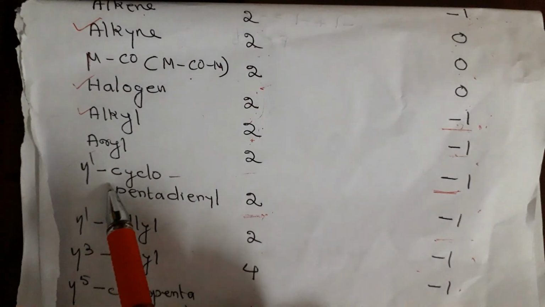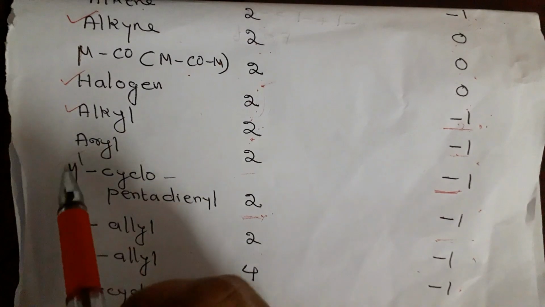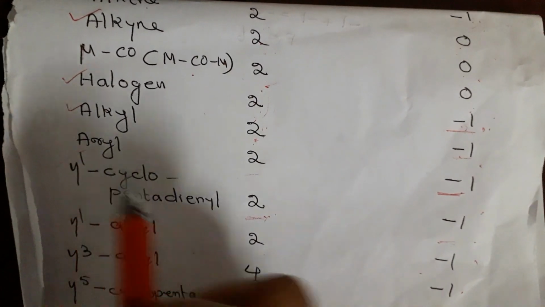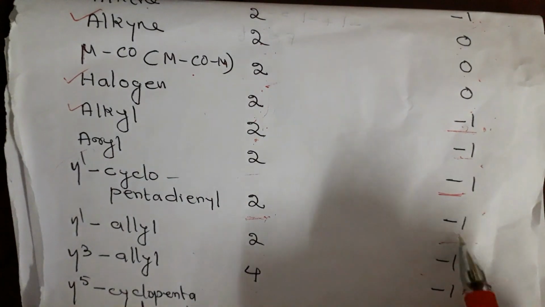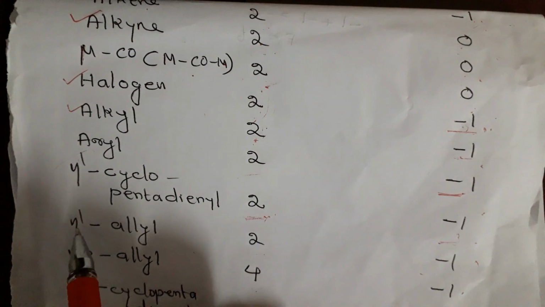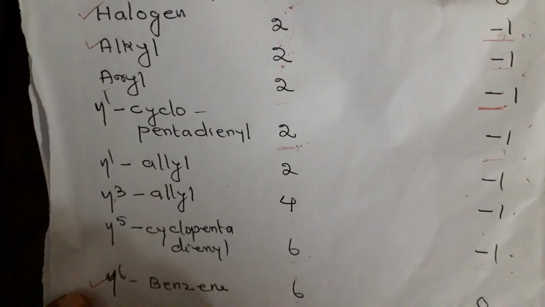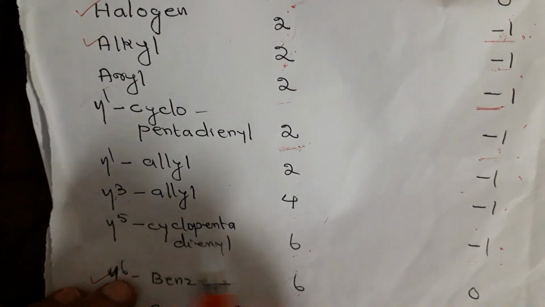Here, eta 1 cyclopentadienyl, electron contribution 2, because you add 1 plus 1, 2, formal charge minus 1. Every hapto ligand has formal charge minus 1, and you just add: eta 1, 1 plus 1, 2; eta 3, 3 plus 1, 4; eta 5, 5 plus 1, 6.